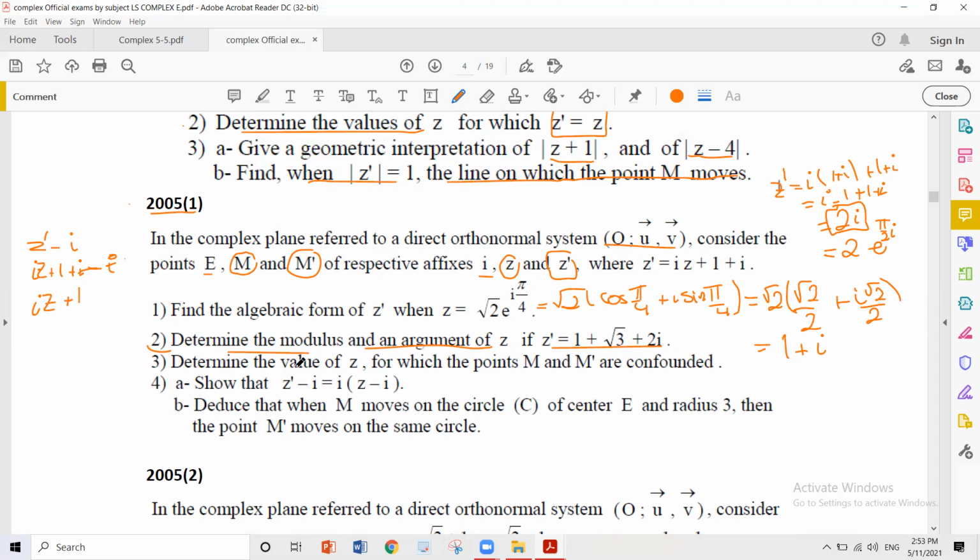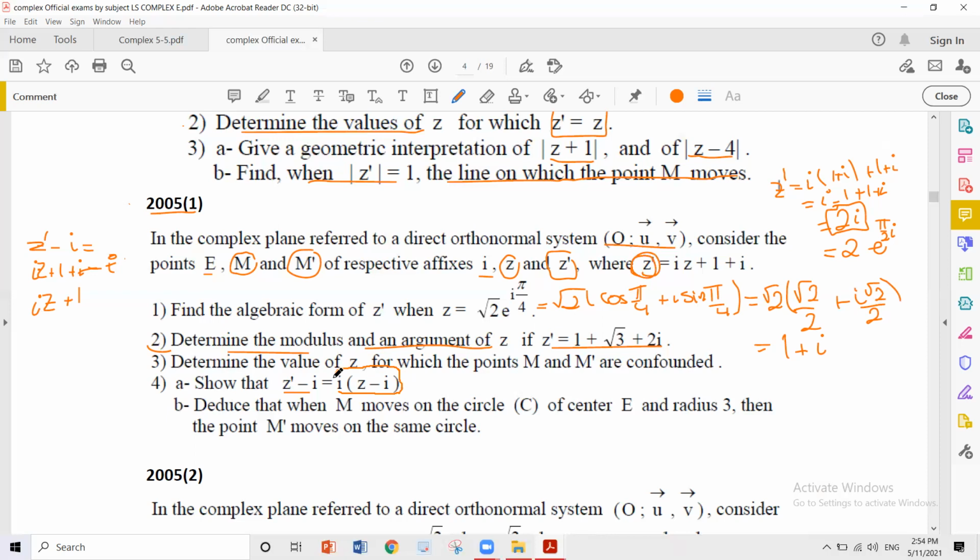How to put this one in that form? I replace z prime by its value, iz plus 1 plus I, minus I. I and minus I cancel, leaving iz plus 1.